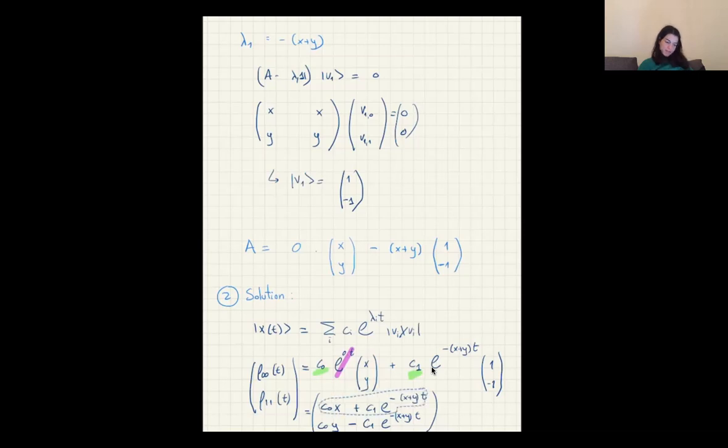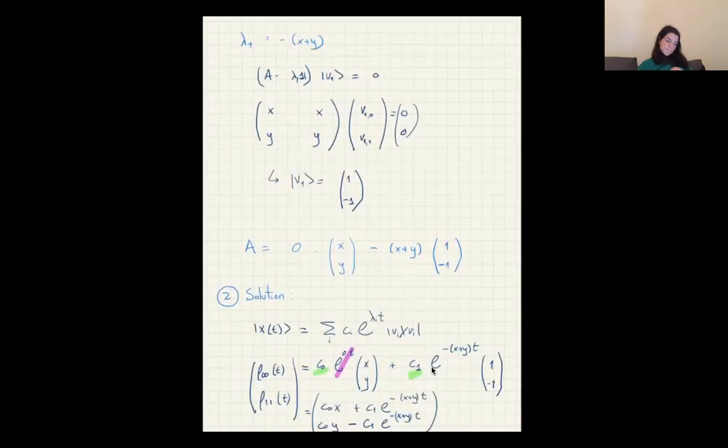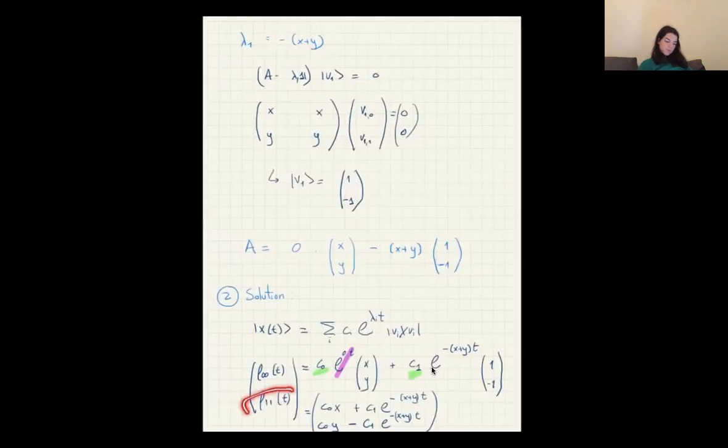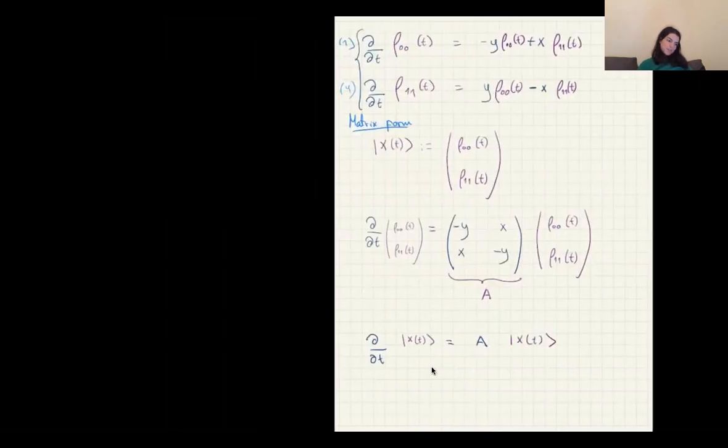Good, so let us plug everything in. We have this here. We have this in the other corner because this corresponded to rho 1,1, remember? We were looking at rho 1,1. That's this thing here. And then in the off-diagonal terms, what do they have?